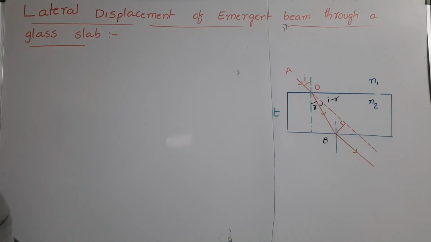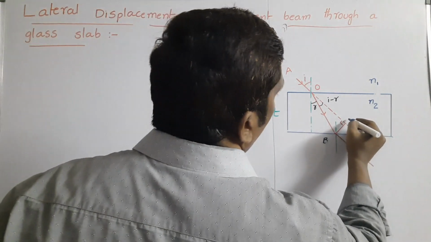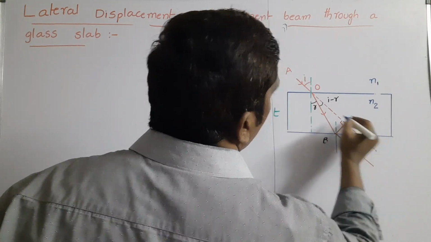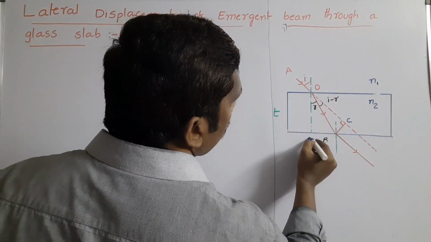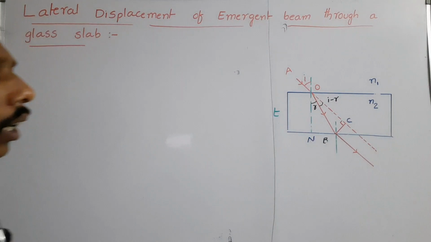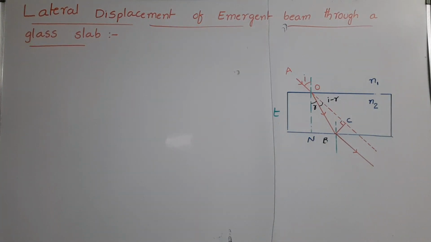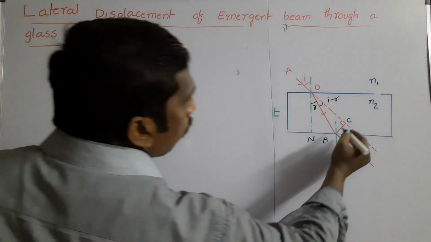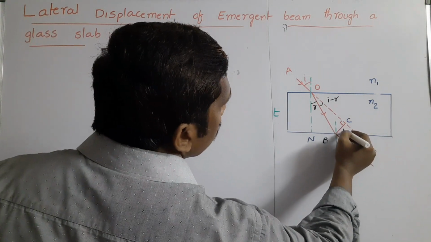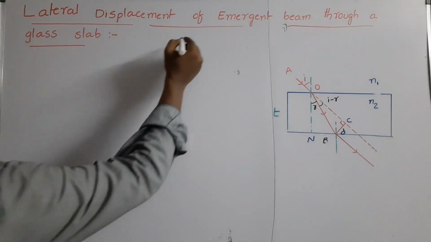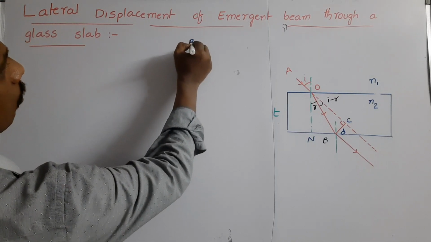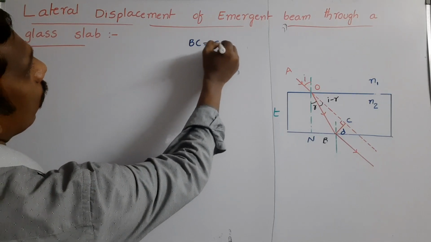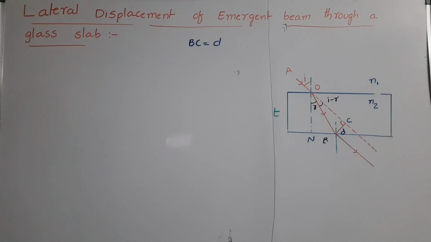This point is taken as some point C, and this point is taken as L. Here, two right angle triangles are there, and from them we can calculate this lateral displacement. This lateral displacement is taken as small d. BC is equal to small d. We want to calculate this small d value.